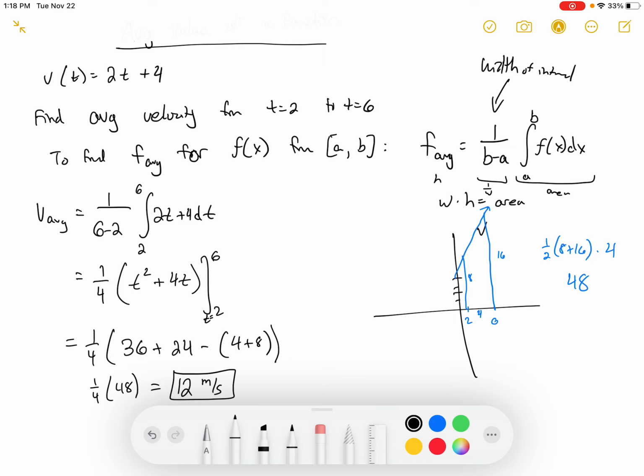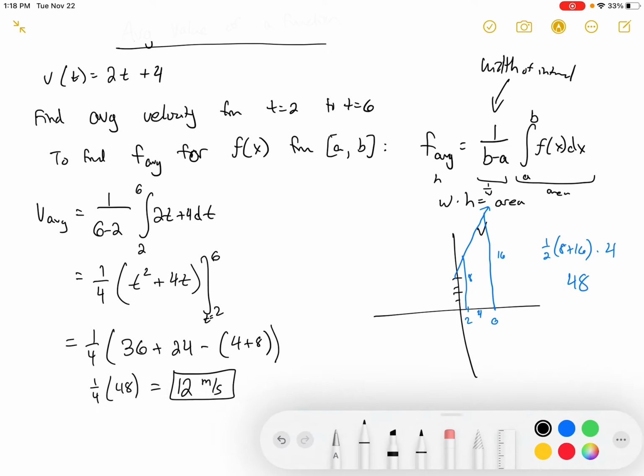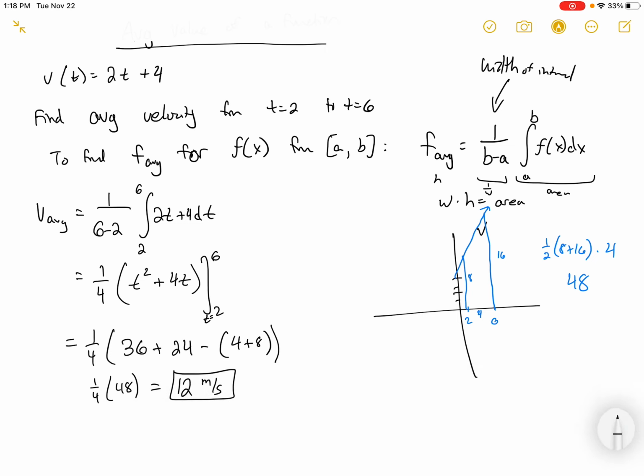And let's think about one more way of thinking about this. We just took the integral of velocity, which we know is position. We don't know where we started, but this thing is my position displacement. That's the area under the curve, 48. And that should make some sense, because if we tried to find s of 6 and s of 2, we would get something like this.